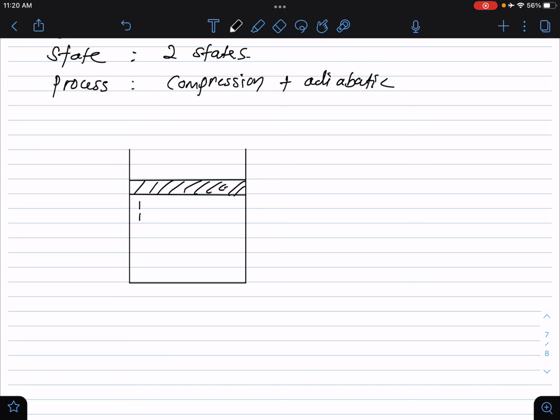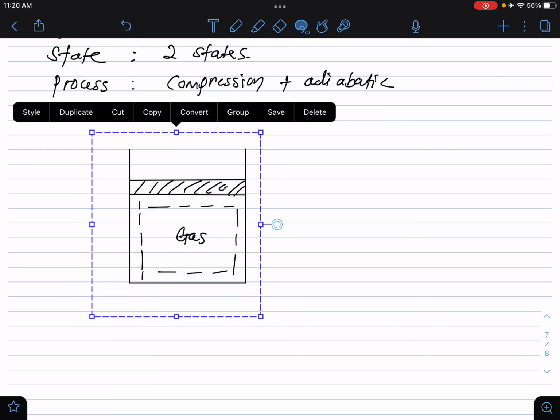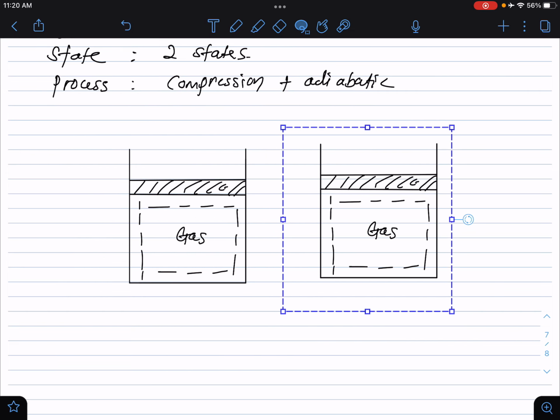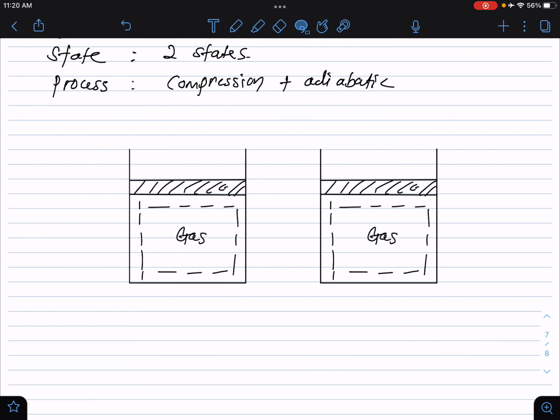Inside this we have ideal gas. Then we do a process, I can just copy it. And then the volume is reduced due to the compression. This means that if you calculate the work, you will get a negative value.